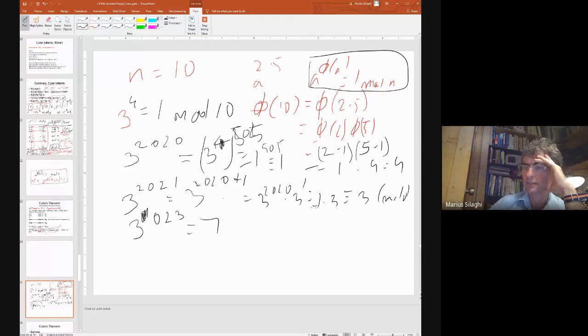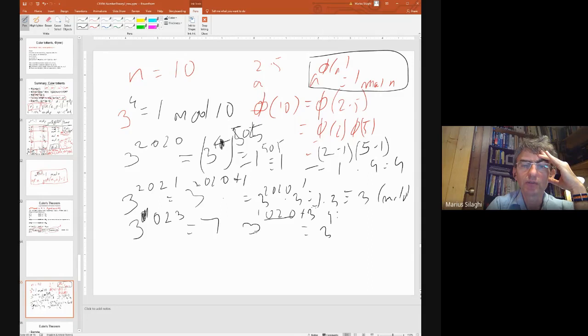Yeah, it's 7, because it comes from 27. You write it as 3 to the power 1020, which is a multiple of 4, plus 3. So 3 to the power 1020 is 4 times 255, plus 3. This all is 1, so it remains 3 to the power 3, which is 27, so it ends in 7 mod 10. Mod 10 is telling you the last digit.